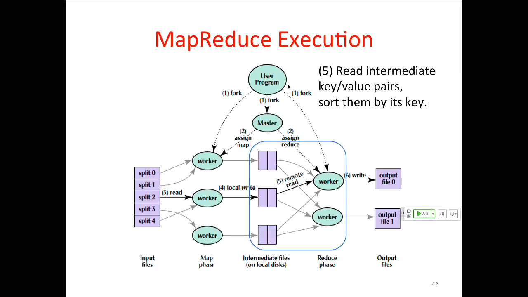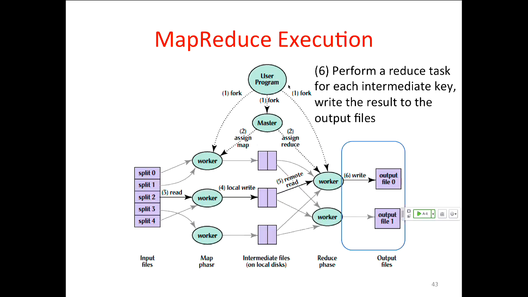And now it's time to reduce the data sets. The reduce workers read intermediate key value pairs and sort them by key. If the maps are done, then these reduce workers start their work.